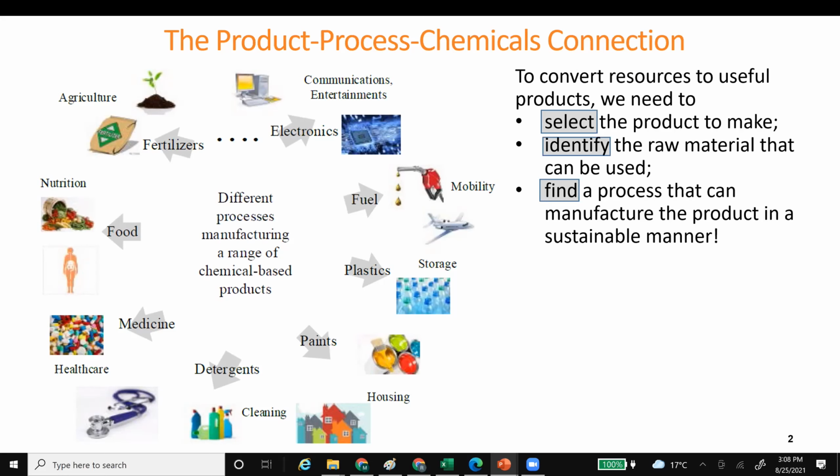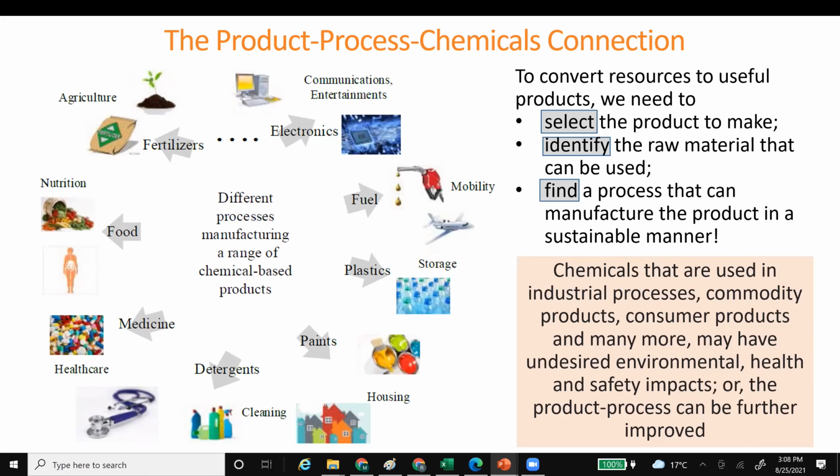So what is the chemical connection? Chemicals are part of the product, and chemicals are also part of the process because either they're being converted or being used as a process fluid.